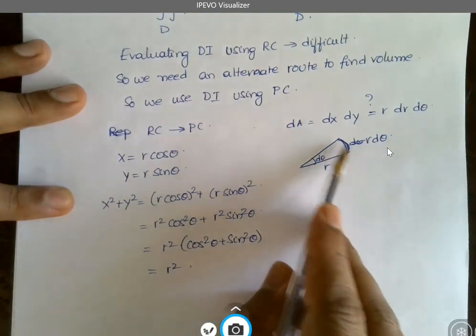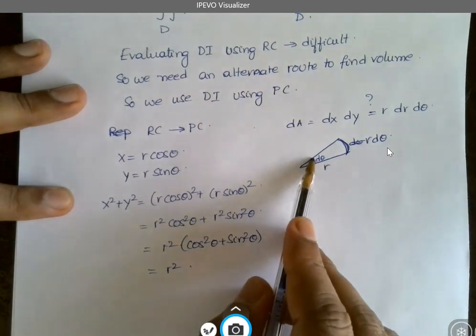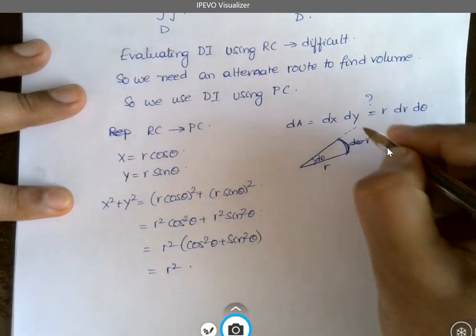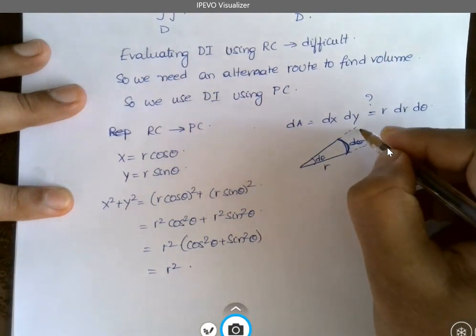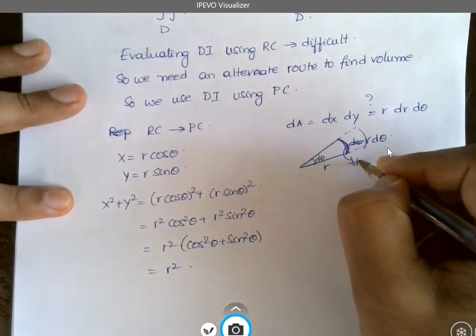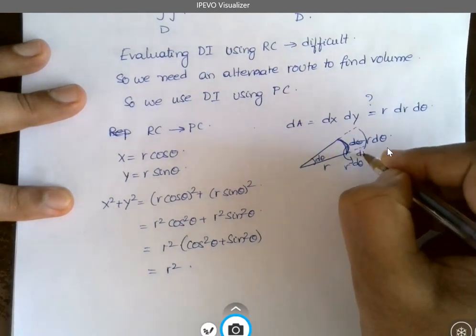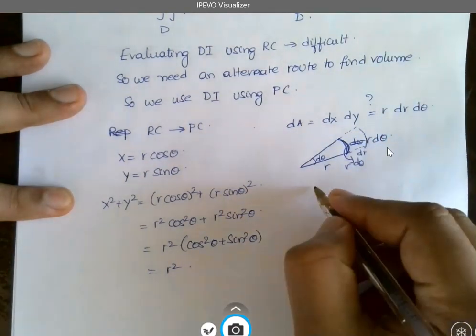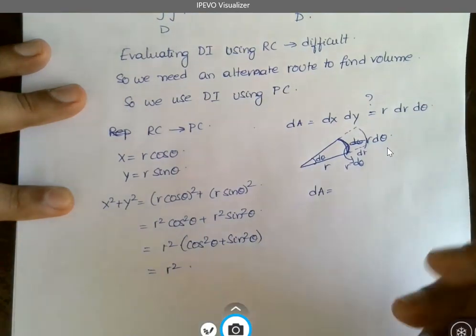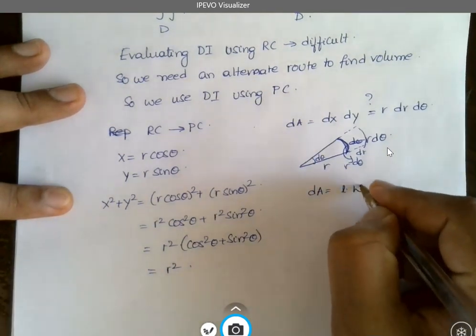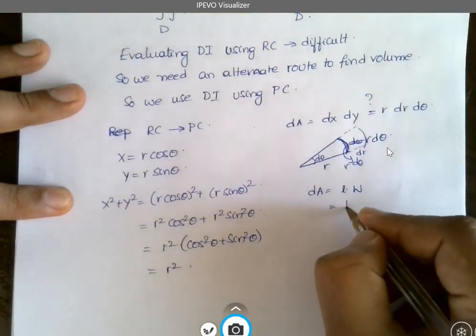That is because the arc is the radius times the angle subtended at the center. Let's say you extend it a little bit and you want to find the change in area dA there. We use a rectangle approximation, so it's length times width.